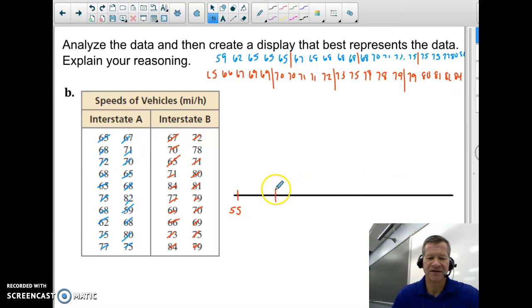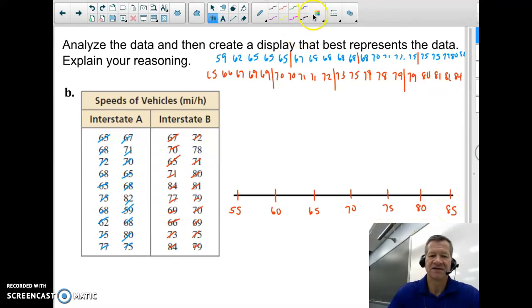So 60, 65, 70, 75, 80, and then 85. So let me just mark those down. Again, the scale you choose is important. You have to have it something that's evenly spaced and that will contain all your data.